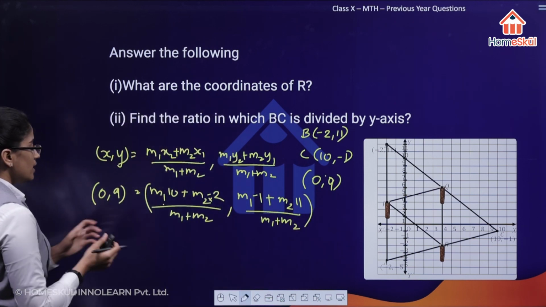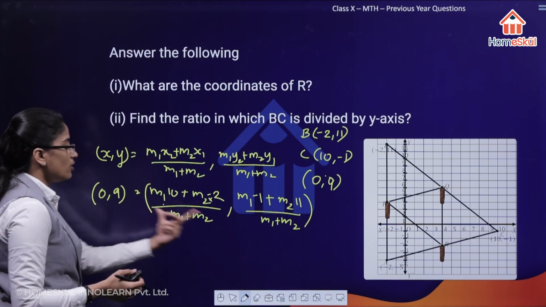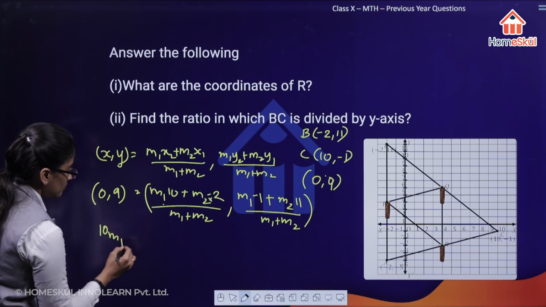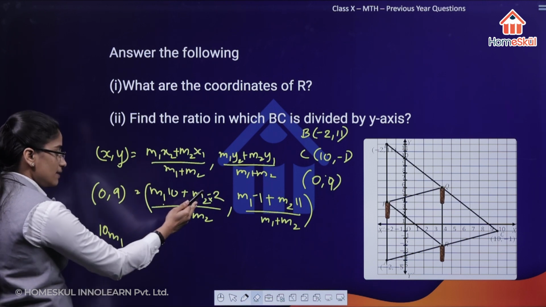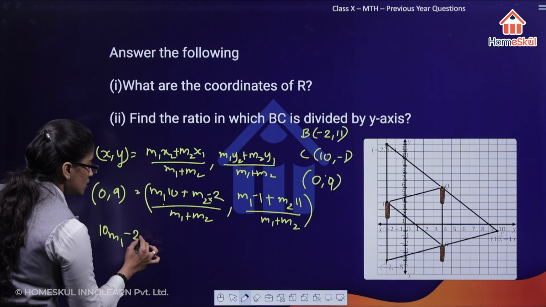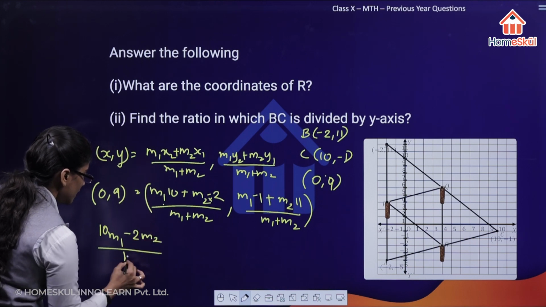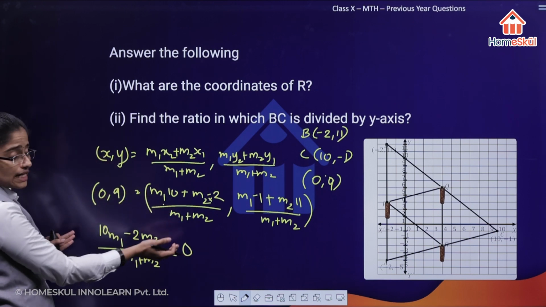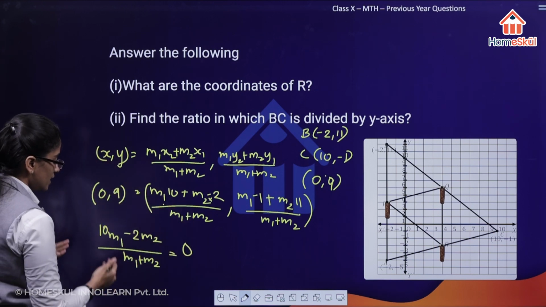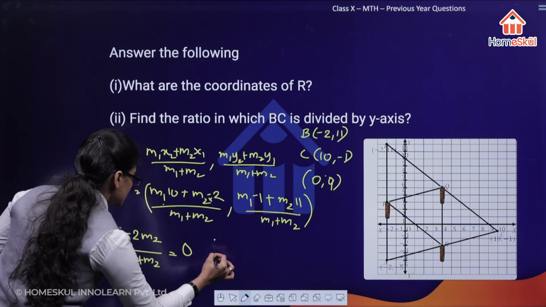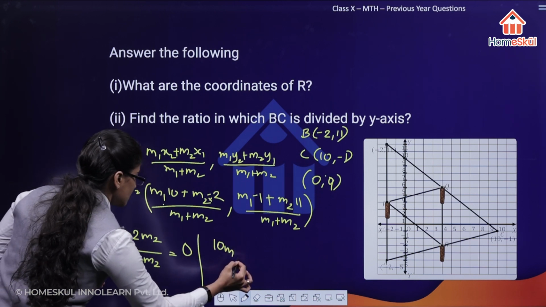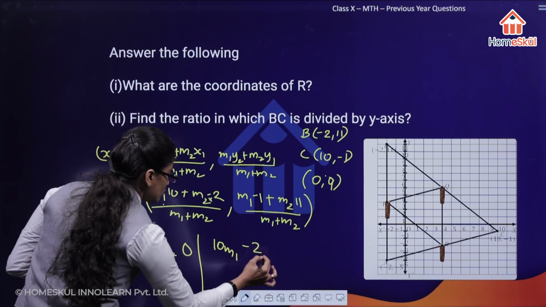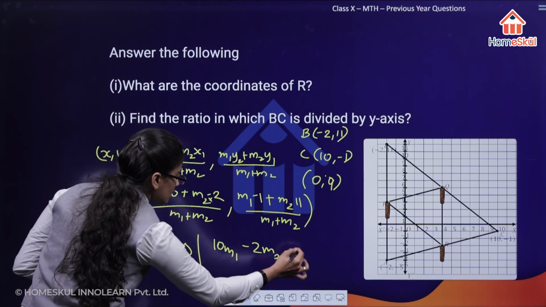Here we could equate either the corresponding x-coordinates or the y-coordinates. So, I am going with the x-coordinates, that is 10M1 plus M2 into -2, that is -2M2, divided by M1 plus M2 is equal to 0. That means 10M1 minus 2M2 is equal to 0.